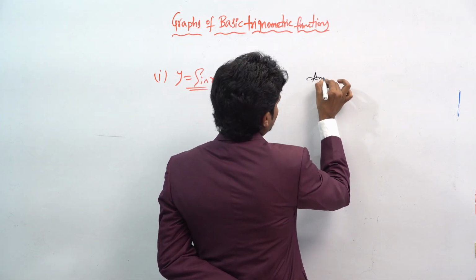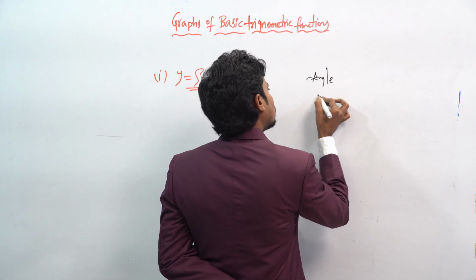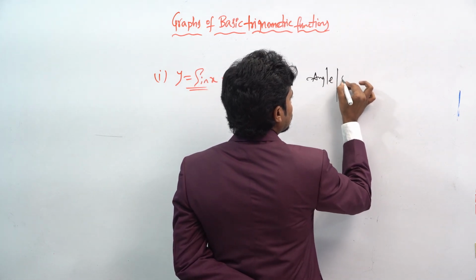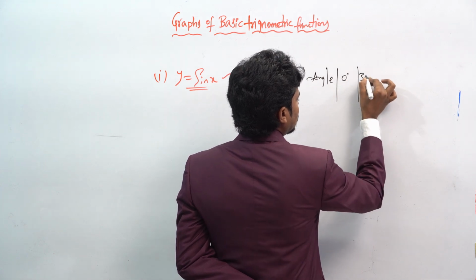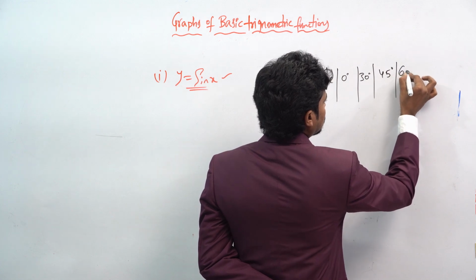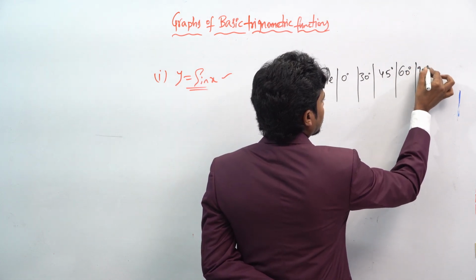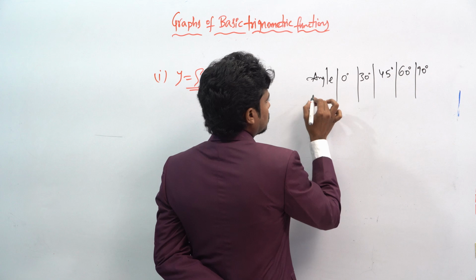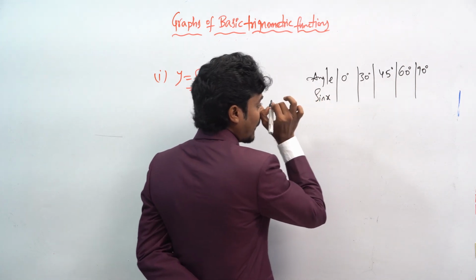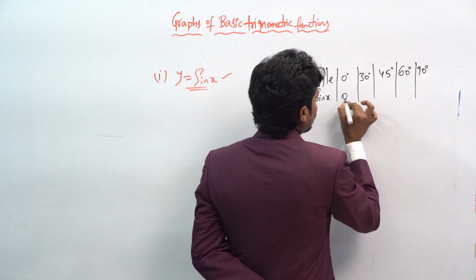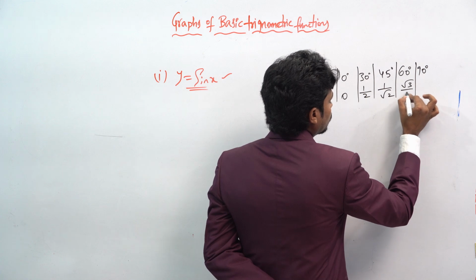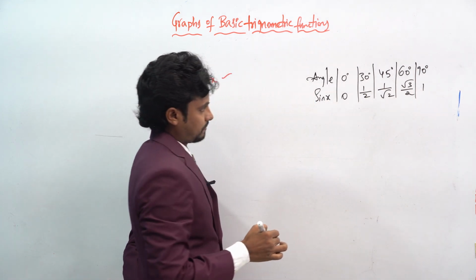For example, if you take the angle here, this will be for 0, 30 degrees, 45 degrees, 60 degrees and 90 degrees. So sin theta or sin x, what will happen? This will become 0, 1 divided by 2, 1 divided by root 2, root 3 by 2 and 1.